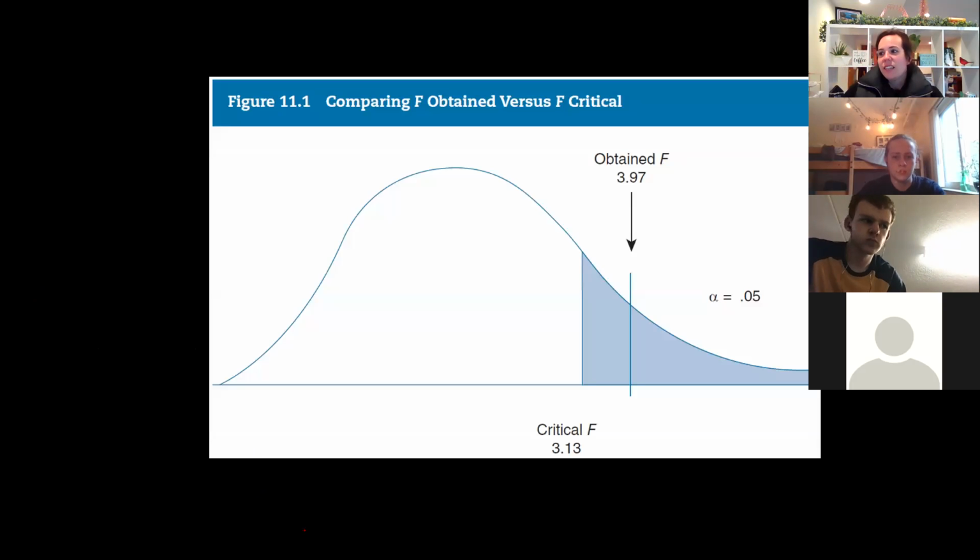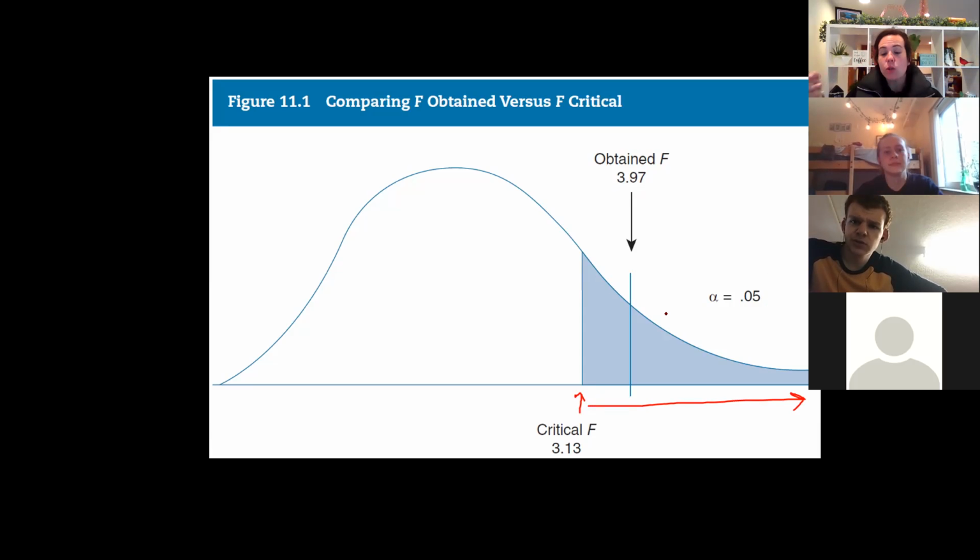So again, this is a critical F. This is the F obtained. This is my critical value. Anything above that in the shaded blue, I'm like, yep, they are significantly different. This is my obtained F. It is higher. Therefore, I can create my summary. Do I reject or fail to reject? Reject.